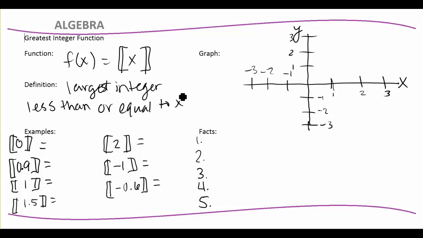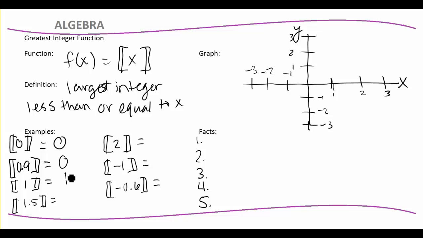Let's say if we plugged in 0 for x, it's going to give us 0 right back because that's the largest integer less than or equal to x. What about 0.9? The largest integer less than or equal to x, so it's going to round down, is going to be 0. And if we plug in 1, it's going to be 1.